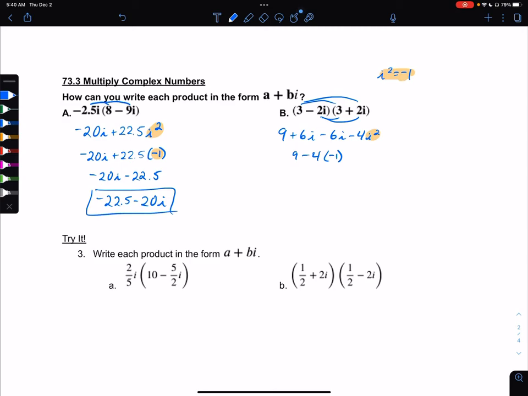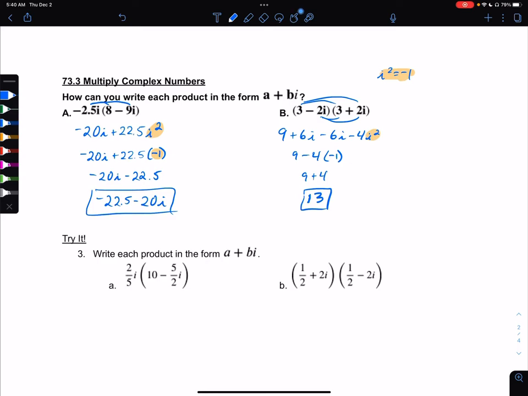All right, negative 4 times negative 1 is a positive 4, and 9 plus 4 would be 13. In this case, we don't have a complex part, right? There is no bi term. So the answer is just 13.